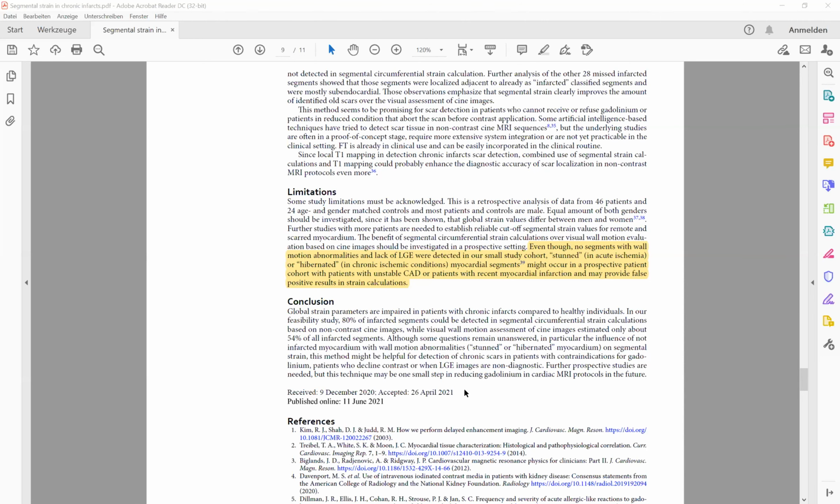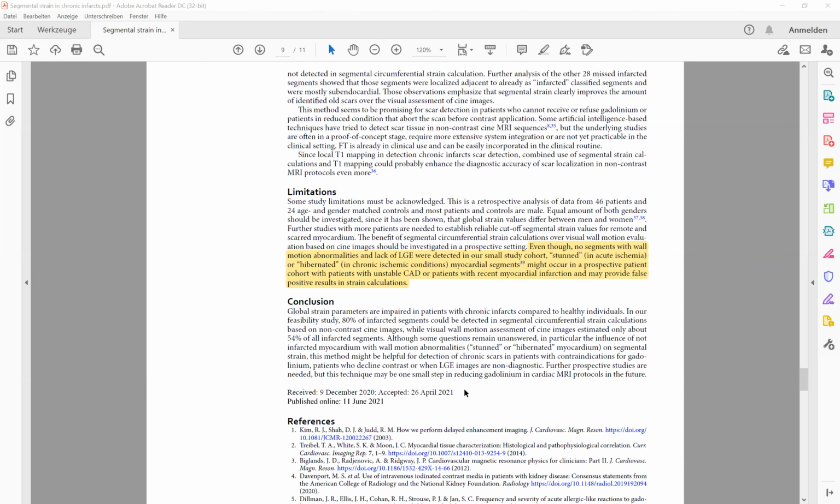So yeah, maybe for now it's a clinically very quick possibility to derive circumferential strain. It takes, I don't know, 2-3 minutes. And if patients can't get gadolinium, you can enhance your visual impression.